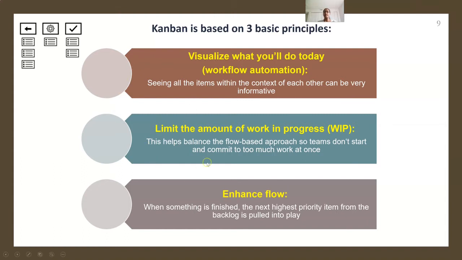So this is having just enough on your plate which you can finish. And enhancing the flow. When something is finished, the next highest priority item from the backlog is pulled into the play.